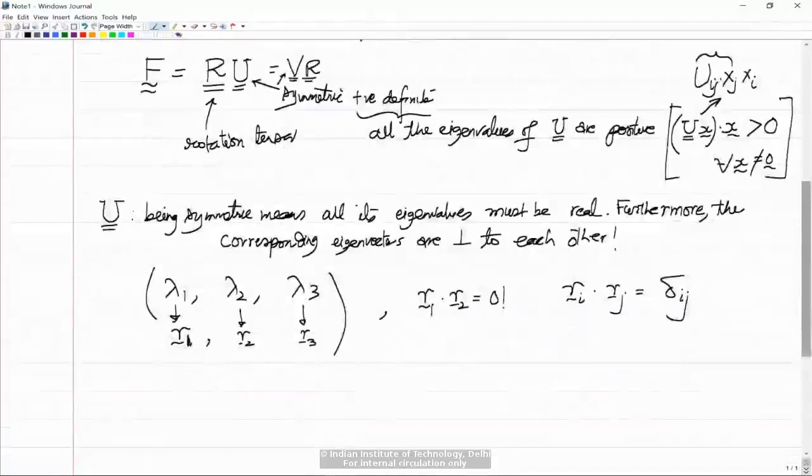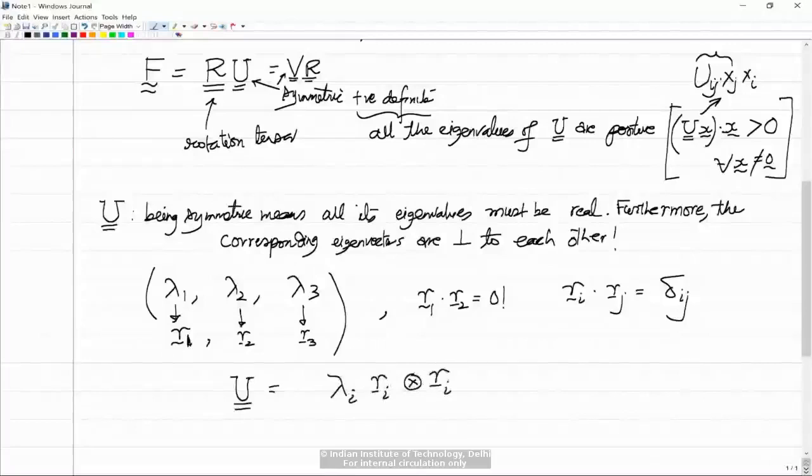And this also allows you to write down what is called the eigen decomposition of U. So this means that you can write U as the sum of lambda_i r_i tensor product r_i. Now, is this expression okay as per the summation convention? Anyone? No, it is not, because i is appearing thrice and no index can appear more than twice.